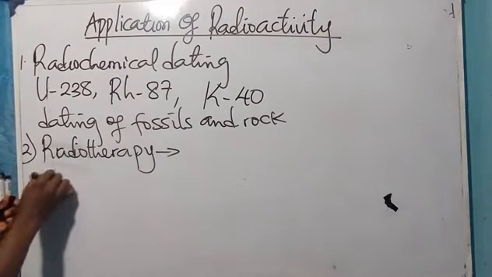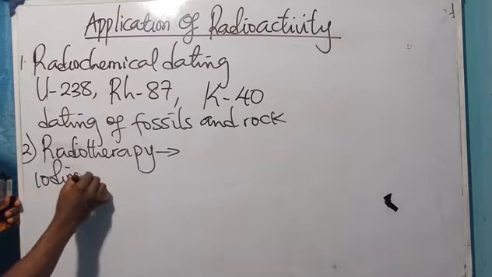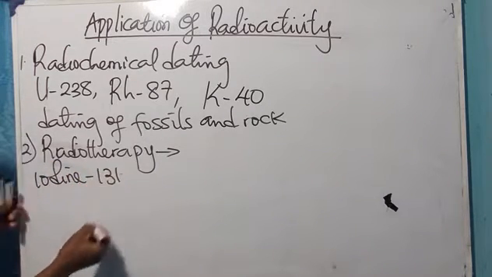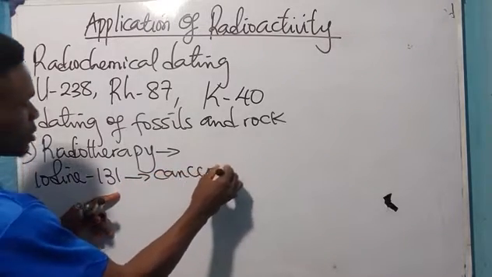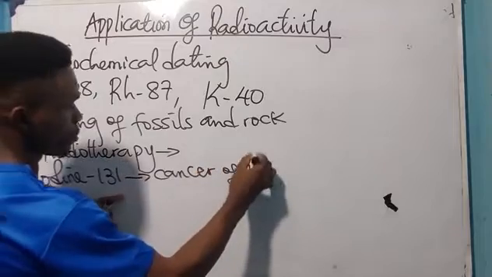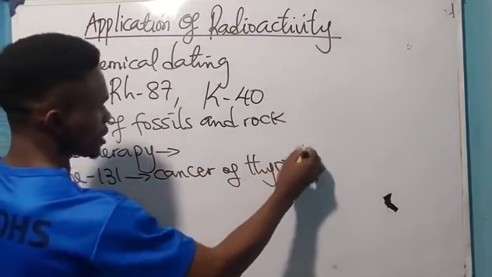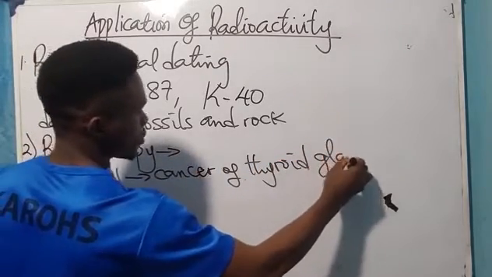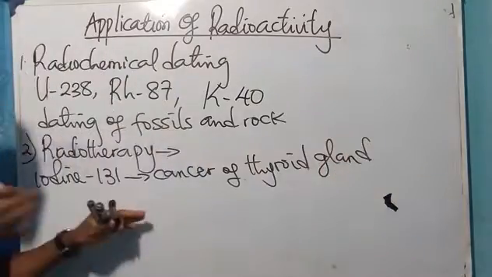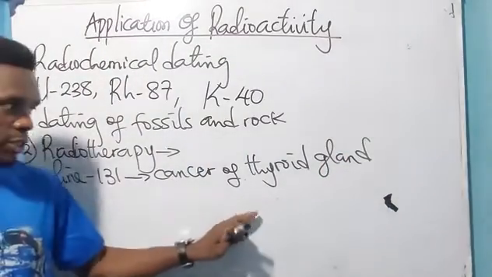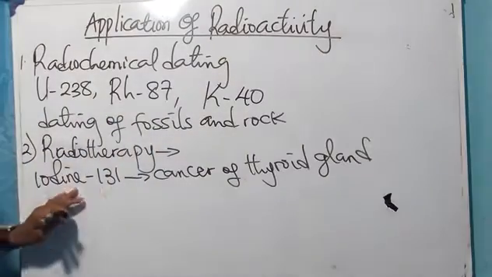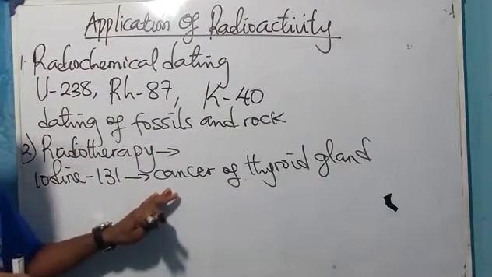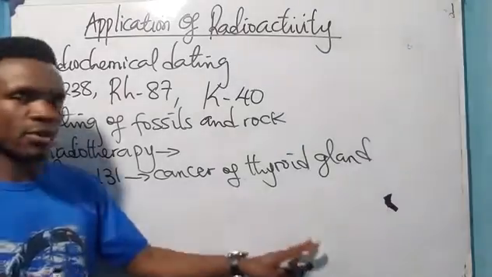Example, iodine 131. Iodine 131 is used to treat cancer of the thyroid gland. The thyroid gland is found at the neck region. So iodine 131 is used to treat cancer of the thyroid gland.